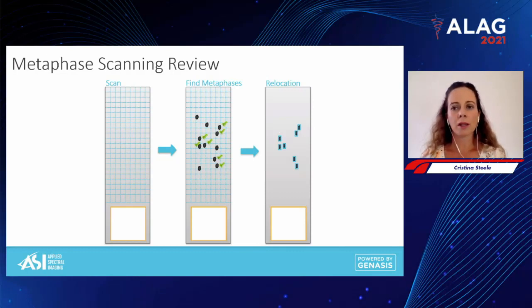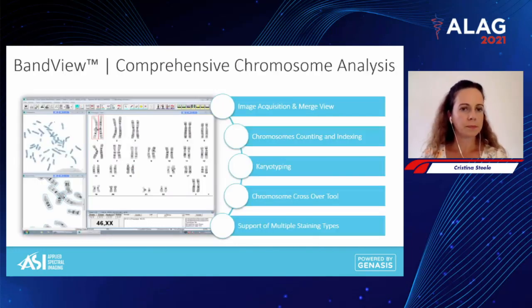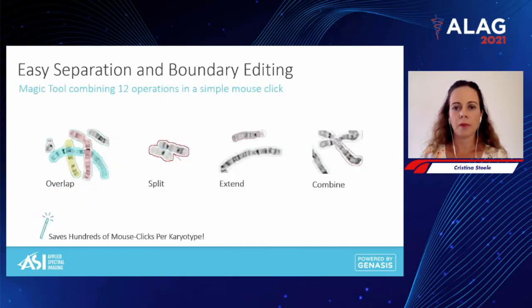And it can be based on quality or 1 through 20 if you're doing oncology. Then as these cells are being captured on 100x, they're available immediately in band view for karyotyping analysis, counting, indexing.